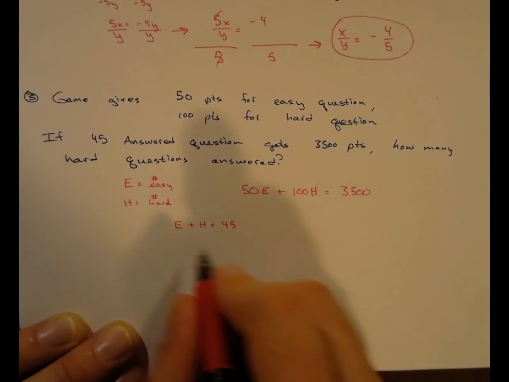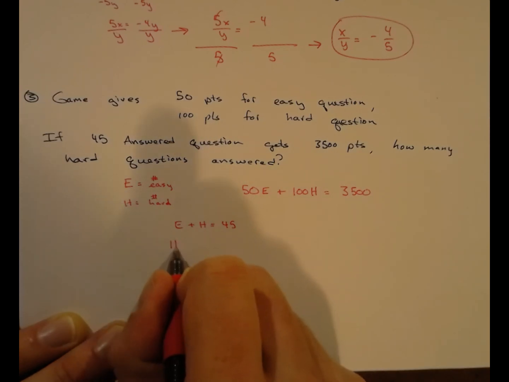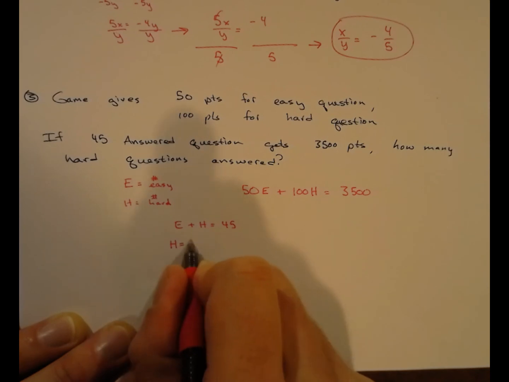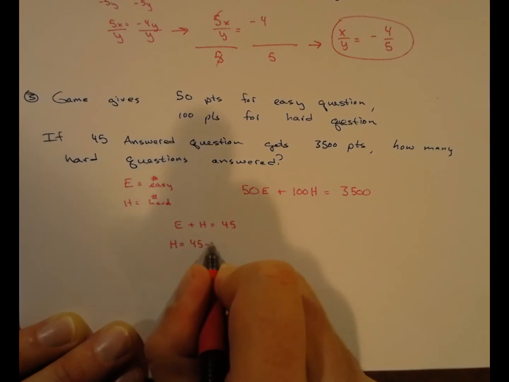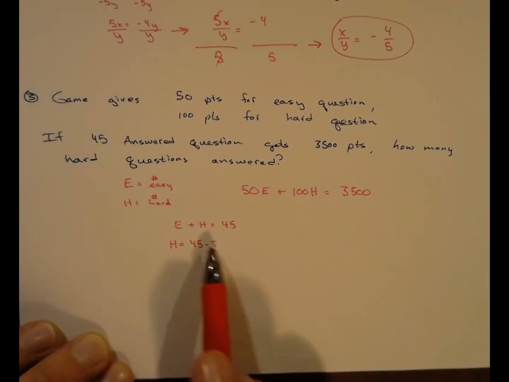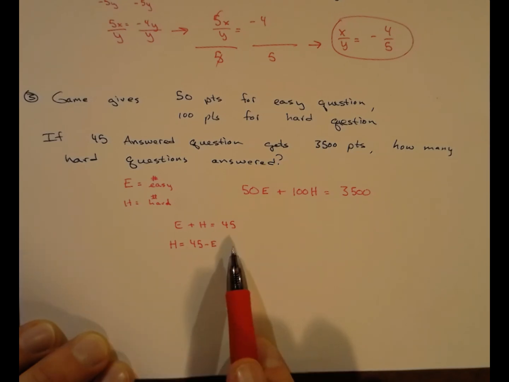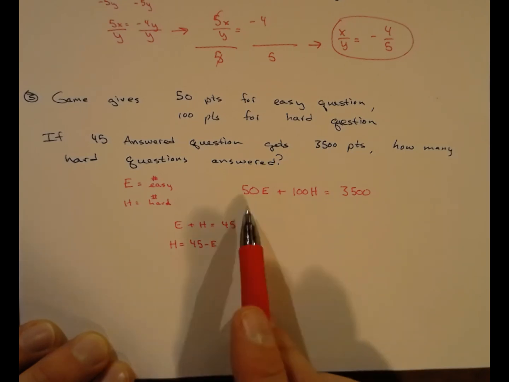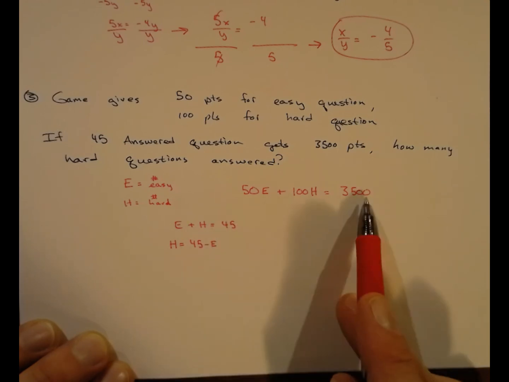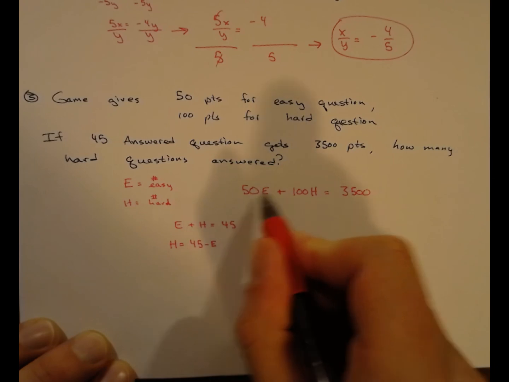So it is technically a system, but we don't really have to think of it that way, because the hard questions is just going to be 45 minus the number of easy questions. So we can use the substitution method for this system if we'd like. I also noticed something else here, that we can simplify this equation.